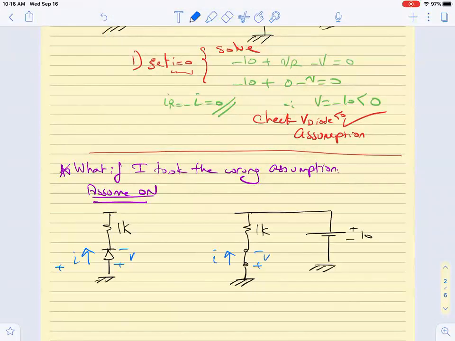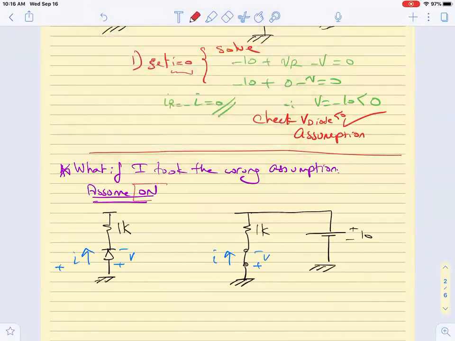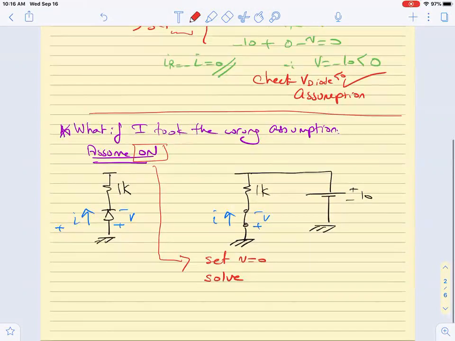Under this assumption, because I assumed it on, I'm going to follow the procedure. So I'm going to set V equal to 0, I am going to solve, and then I am going to check if I is positive. So we put V equal to 0.